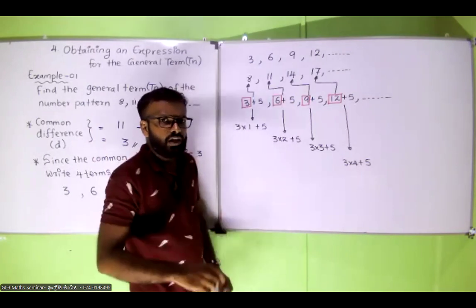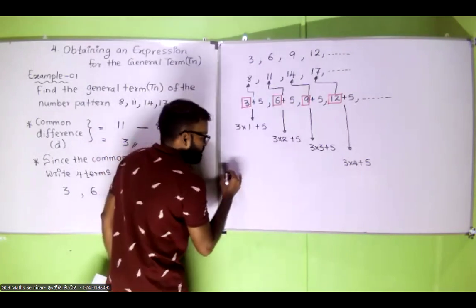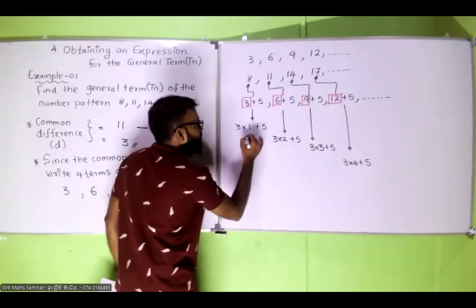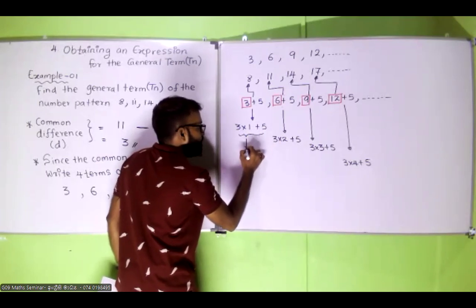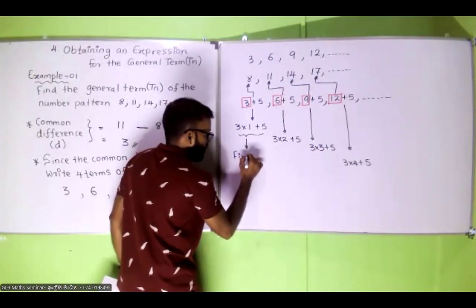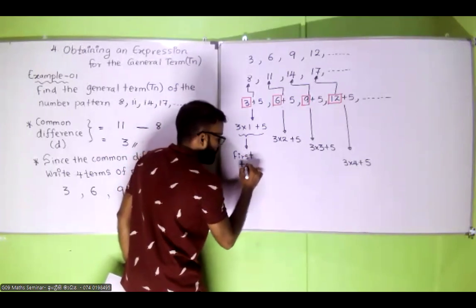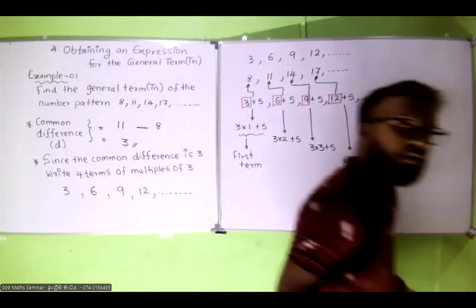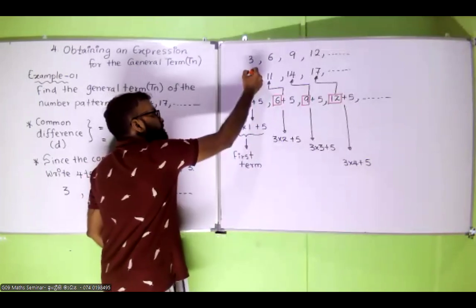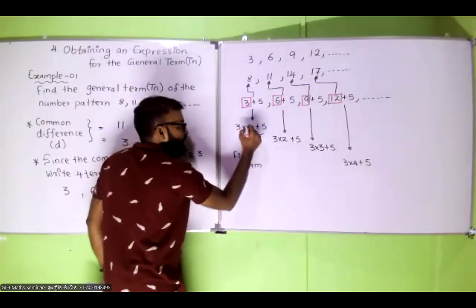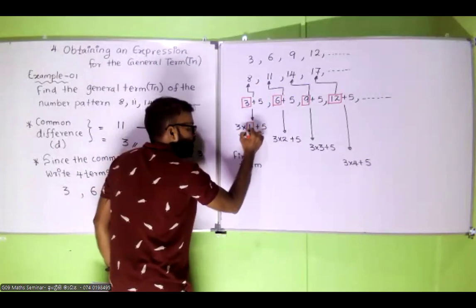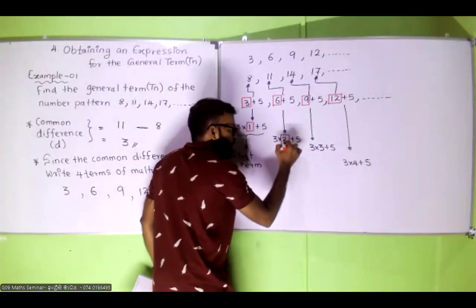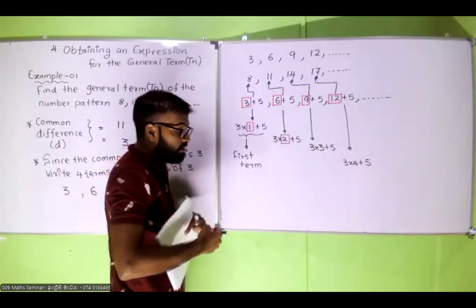Now by looking at this, you can write the first term. Normally we are saying this is your first term. Why are we saying first term? Because this is the first term of the number pattern and it is represented by this. And this is the second term. This is how we write the second term as well.